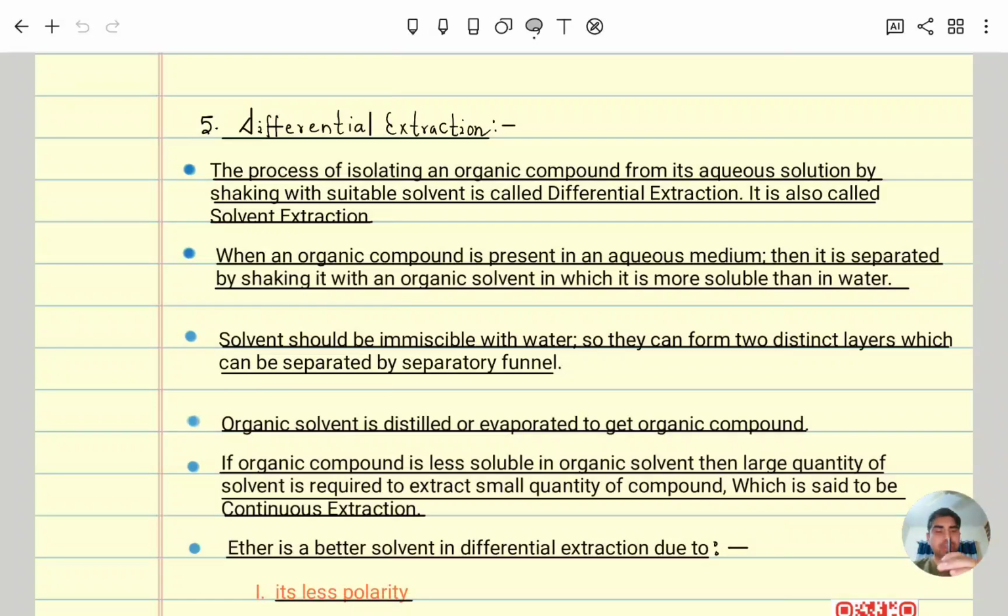After shaking, the organic compound, if it is more soluble in the solvent just added, will dissolve in that solvent and be separated from the previous solvent. Both solvents, the previous one and the one recently added, should be immiscible. So it will form two layers, and then by a separating funnel we can separate them.